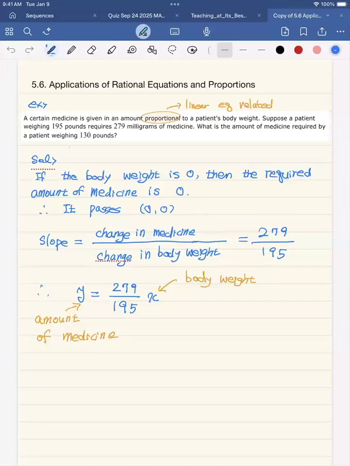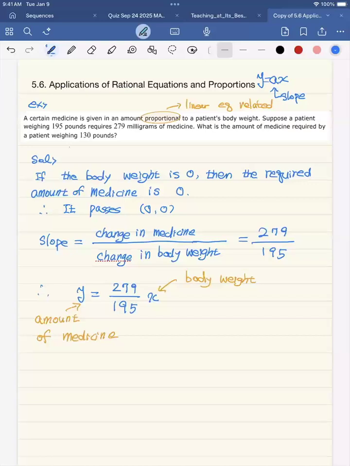So the y-intercept will be 0, and the equation form will be y equals a times x. A is the slope. We want to figure out the slope by reading the conditions.